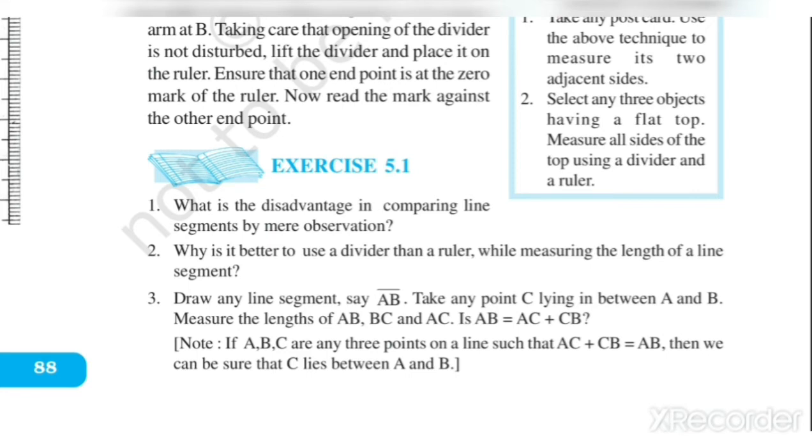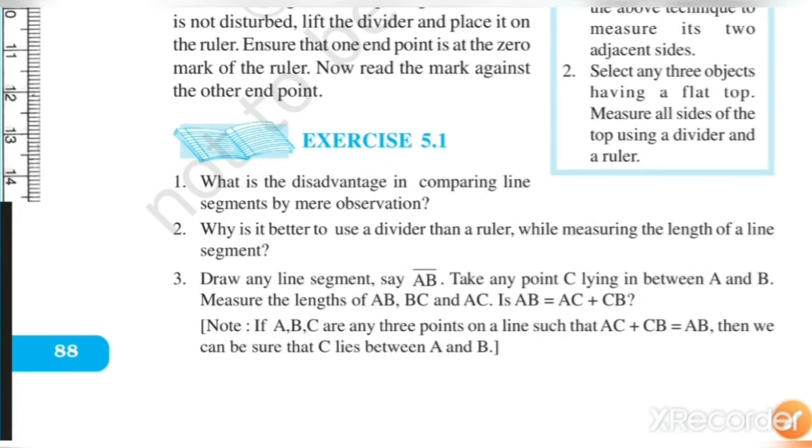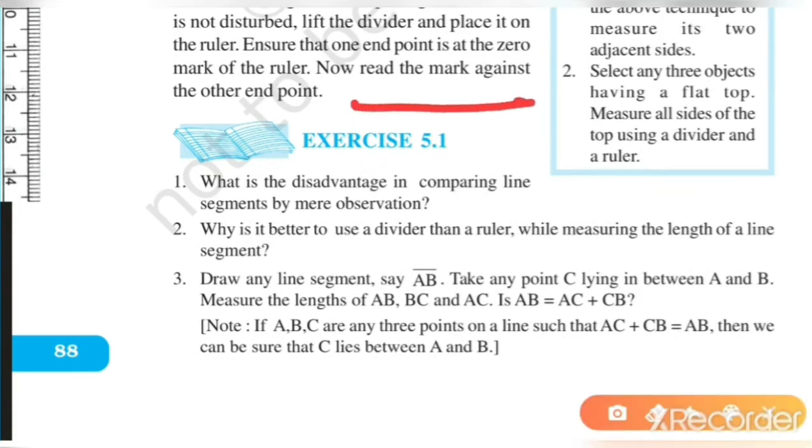Number 3. Draw any line segment, say AB. Take any point C lying in between A and B. Let us draw line segment AB. Here we have line segment AB.